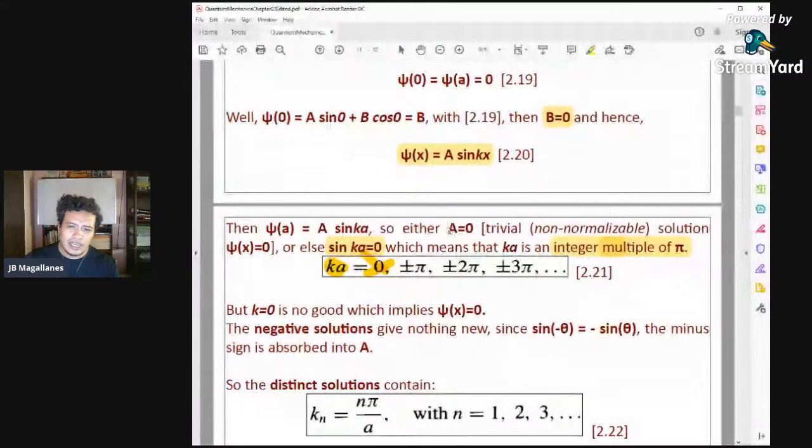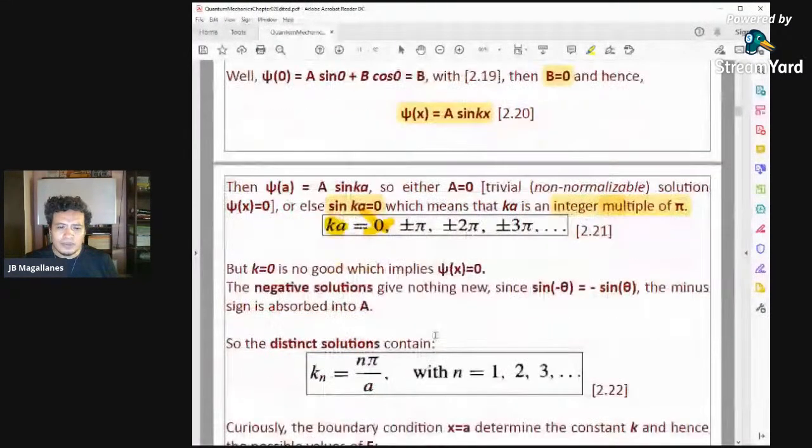It will just be like a is equal to 0. So if k is equal to 0, everything will be 0, and there's nothing that we can get out of that wave function. So it's just fitting to neglect k equal to 0.